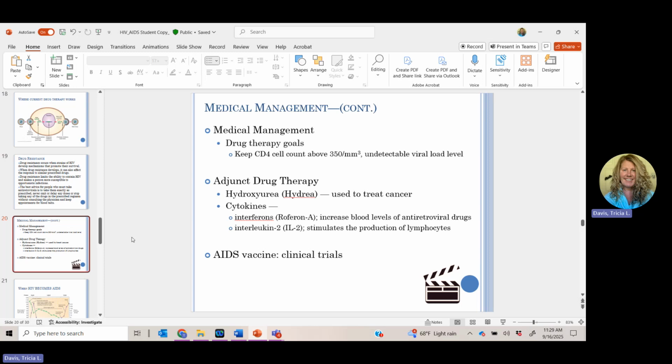Okay, so your interferons will make these antiviral drugs more efficient, and then the interleukins that we will give them will stimulate their body to make more lymphocytes. And then, of course, we have been working on an AIDS vaccine, a lot of clinical trials going on. Haven't seen that come to fruition yet, but it is something that we are working on.